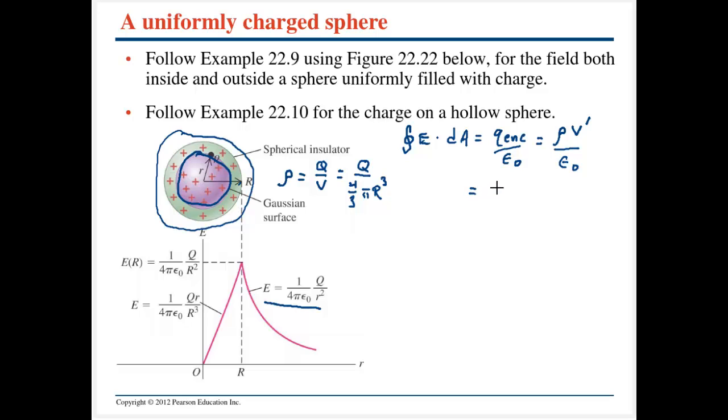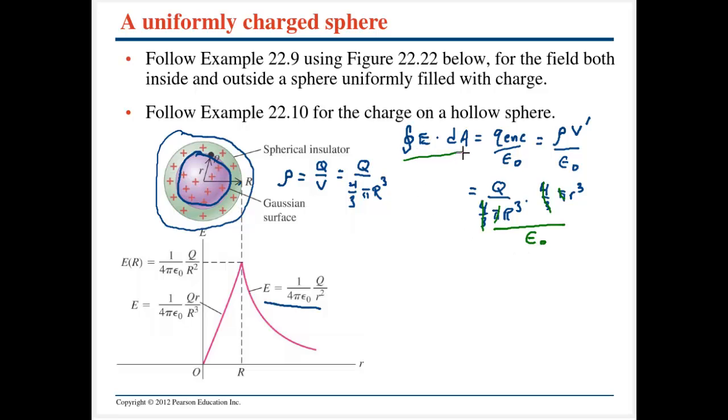And so that's going to be equal to the charge divided by 4/3 pi big R cubed multiplied by the volume of my tinier sphere, 4/3 pi little r cubed. And fortunately, you can see that my 4/3 is going to cancel out, my pi is going to cancel out, and I'm not going to forget to put my epsilon naught here.